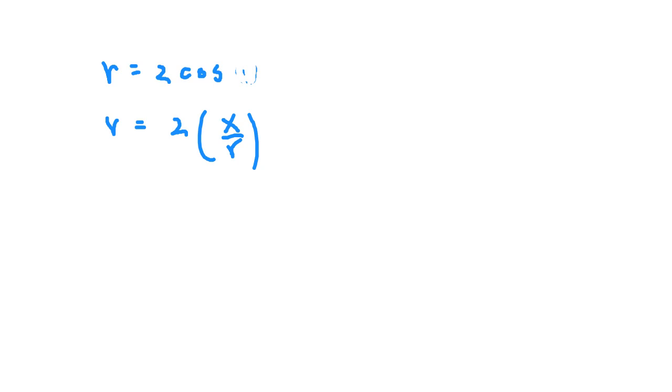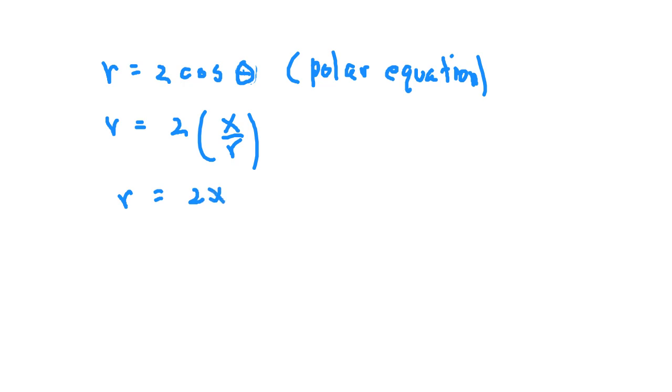What I'm doing is I'm taking this polar equation for that circle in example 6, and I'm going to come up with the corresponding Cartesian equation. Well, all right, so r equals 2x over r.